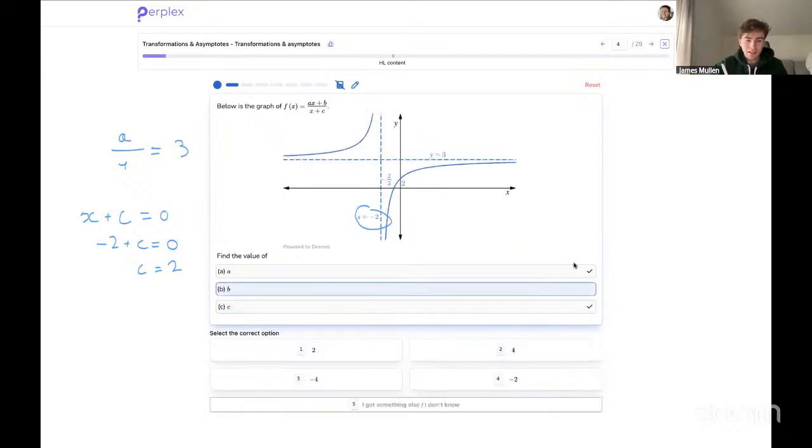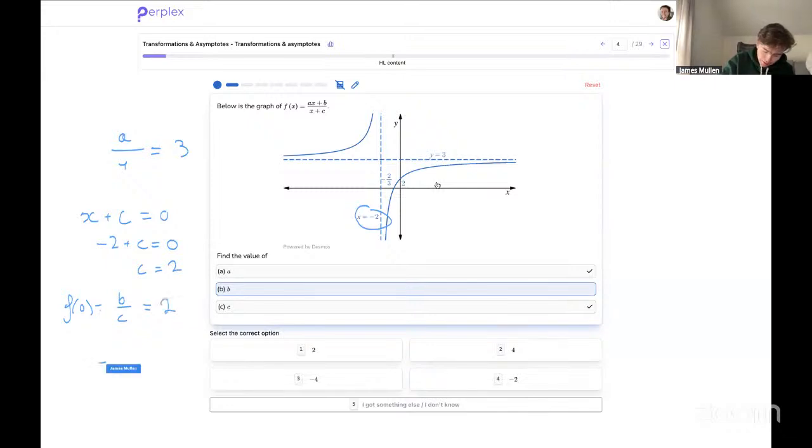And then for b, I'm going to use my y-intercept, which means that f of 0, which is equal to just b over c, is equal to negative 2 over 3. Why did I say negative 2 over 3? That just says 2, sorry.